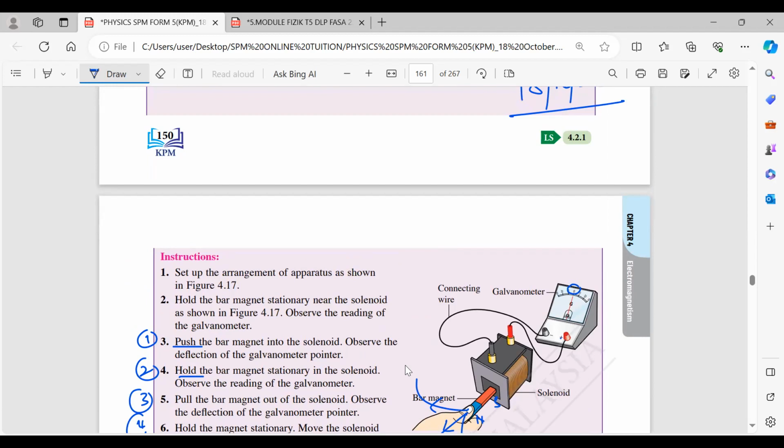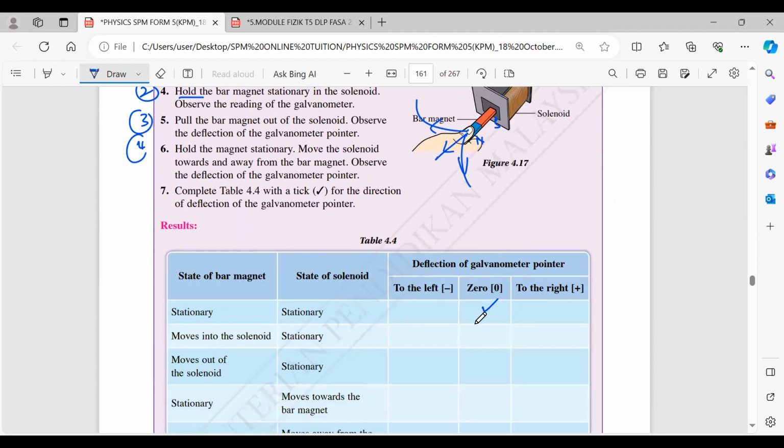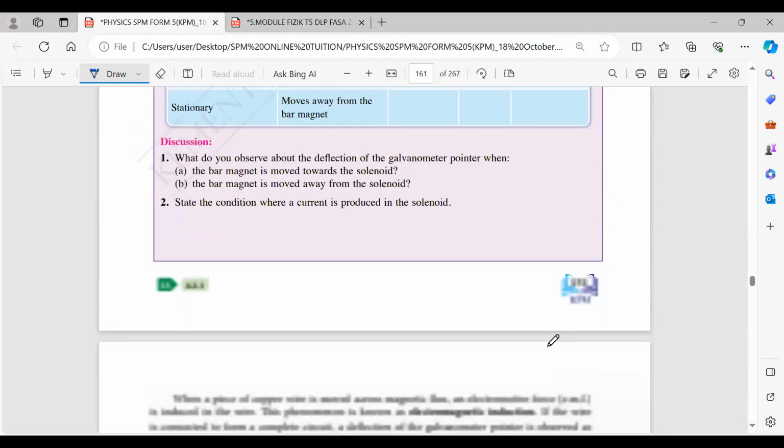In fact, I am not able to tell you now because we have not discussed the laws involved in deciding the direction of the current flow, which is Lenz's law. This one is just for experimental purposes. When you do the experiment, you just record the reading. But since we are not doing the experiment now, I need to base on Lenz's law to make the conclusion. So hold on this.